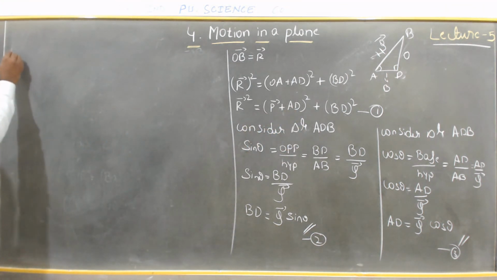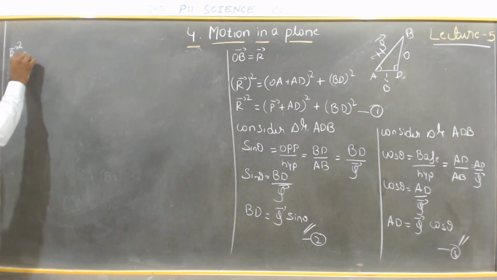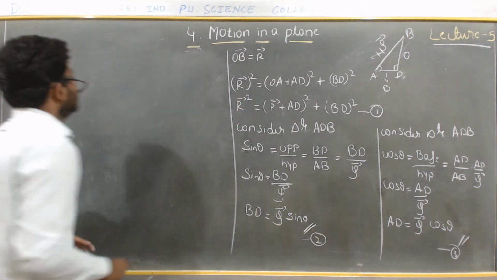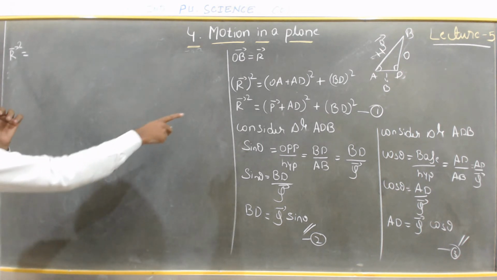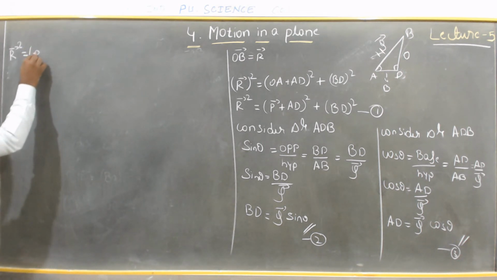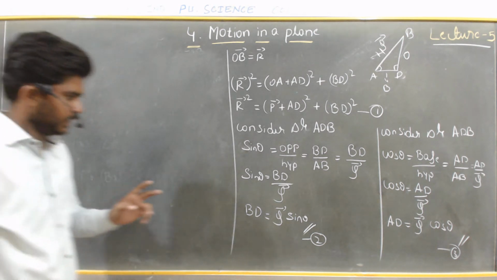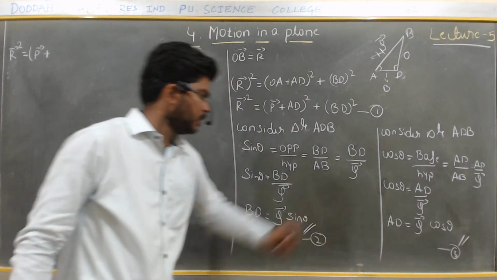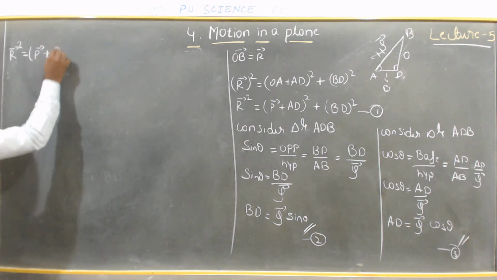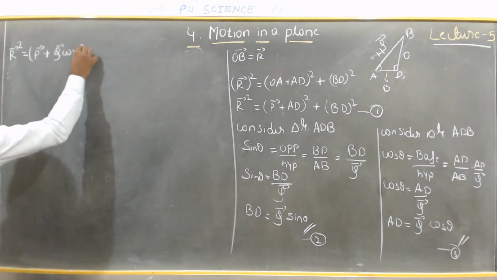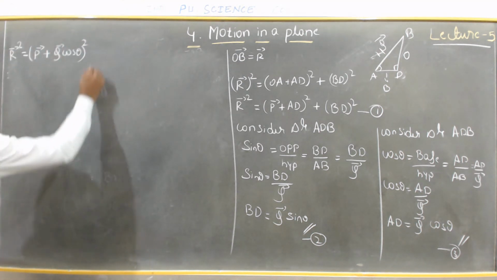So first I will write equation number 1, which is R vector square equals P vector, as it is. Next we have the AD value, Q vector cos theta, and above the term the square is there as it is.